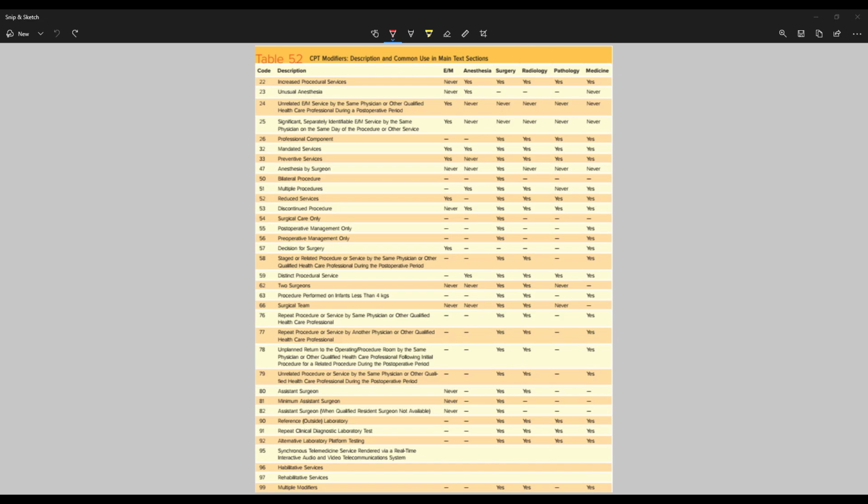Category 1 codes are divided up into further categories. The first type, and one of the most common and important types that exist, are evaluation and management, or EM codes. These are literally what you think of as your standard office visit.